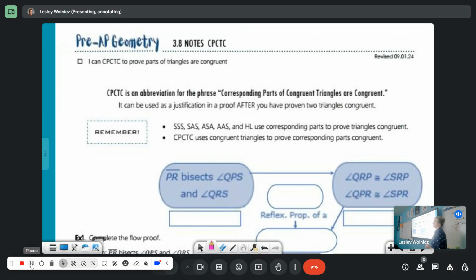So, you guys ready for some good news and some bad news? You are going to have to know the phrase corresponding parts of congruent triangles are congruent. That's the bad news. The good news is that you are allowed to abbreviate it. Okay, so we are going to be still using our shortcuts. Side, side, side, side, angle, side, angle, angle, side, and hypotenuse leg.